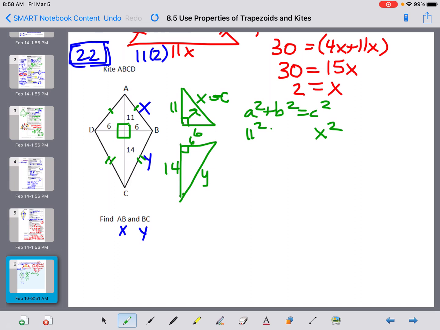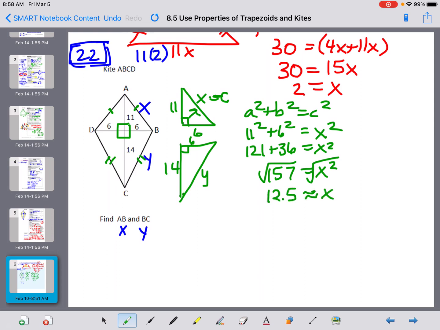My 11 and 6, it doesn't matter where they go as long as they're in there. 11 squared is 121, 6 squared is 36. They add together to make 157. And I didn't tell you how to leave it, which means you can go for the decimal. Square root of 157, about 12.5. Remember, if I want that in simplified radical form, I will say that, okay? So that's my AB.